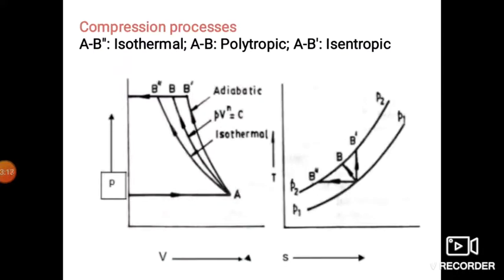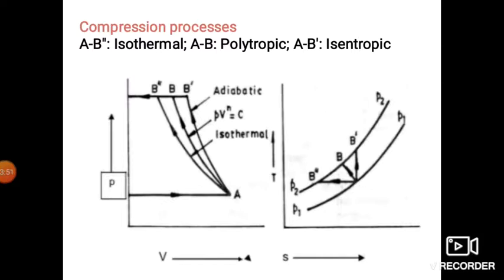In this PV chart, we show all the compression processes. When the air enters the cylinder through the inlet valve, the pressure is constant and volume increases. This process is called the induction process. After this, the air is compressed by the piston moving upward. Then pressure is increased along the curve AB.